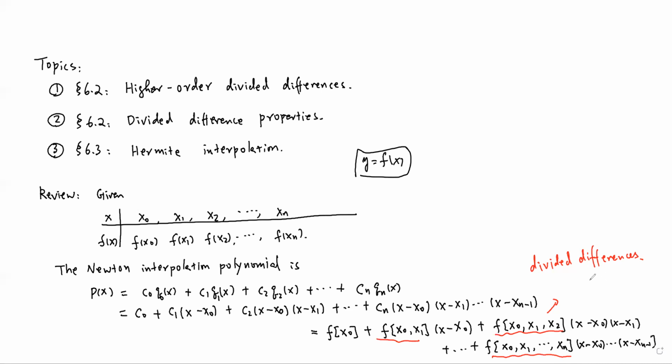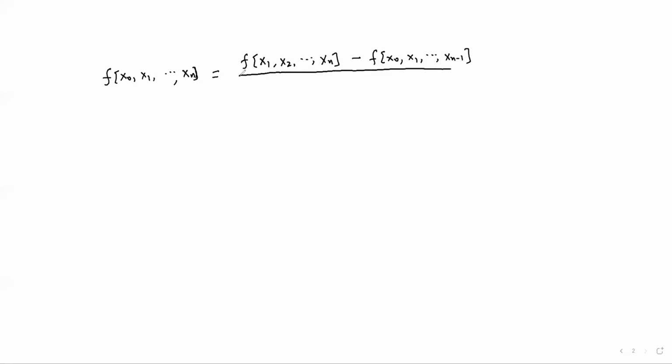The formula is: the divided difference that depends on x0, x1, x2, up to xn is equal to the divided difference that depends on x1, x2, up to xn, minus the divided difference that depends on x0, x1 to x(n minus 1). We proved this formula in the last class.